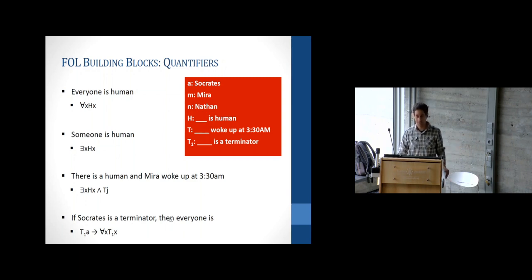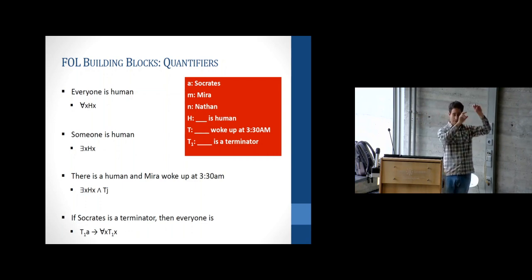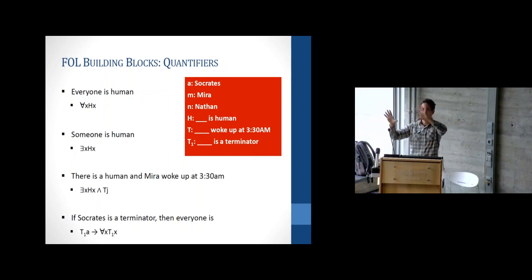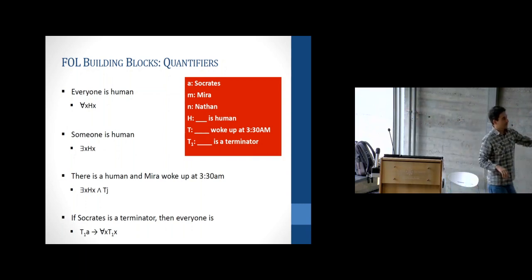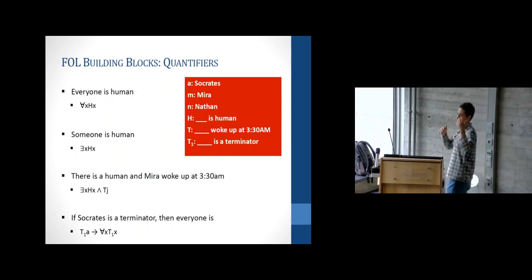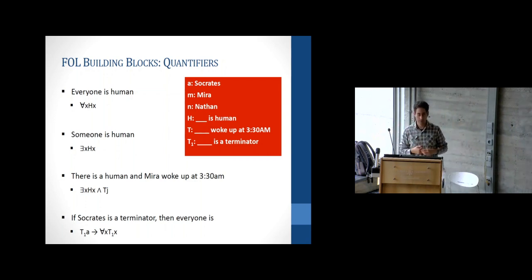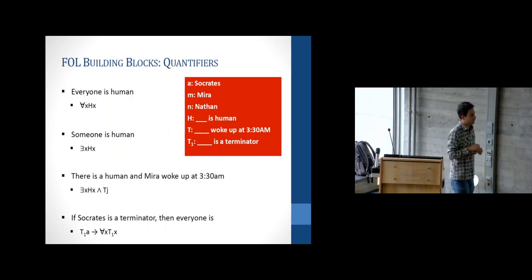Then everyone is a terminator. Because this is a more expressive language, logically speaking, there will be more ways to take English into first order logic. Then for everyone, it's the case that they are a terminator. There are different ways of saying it.